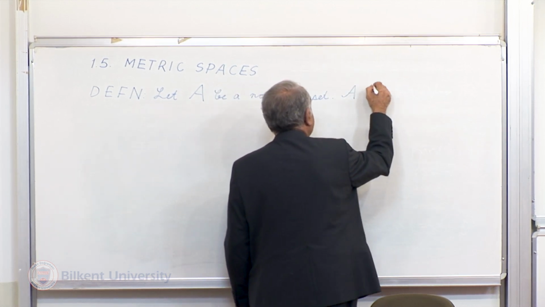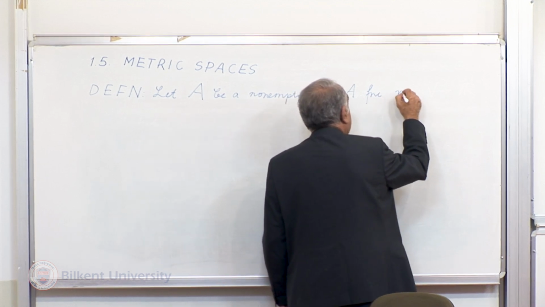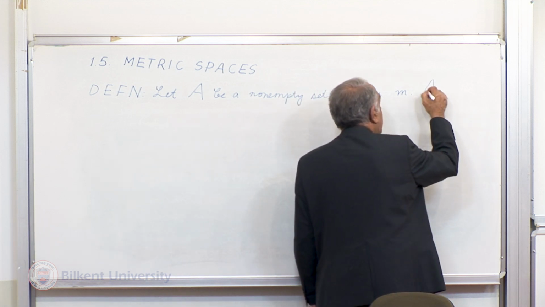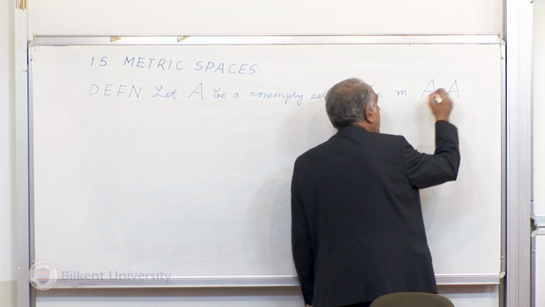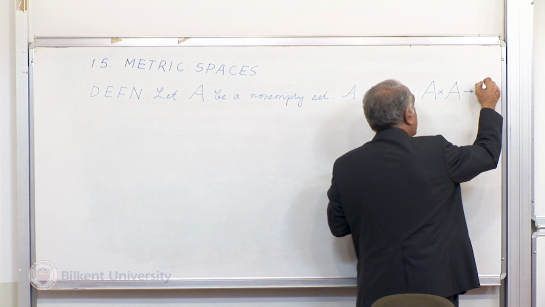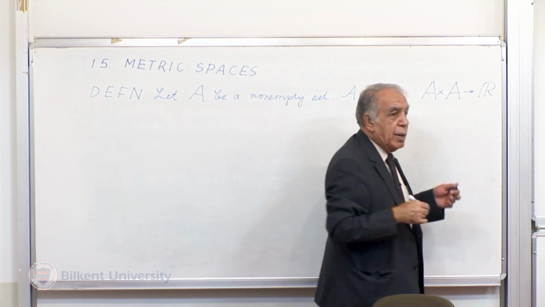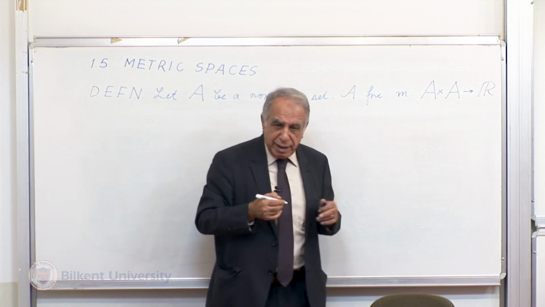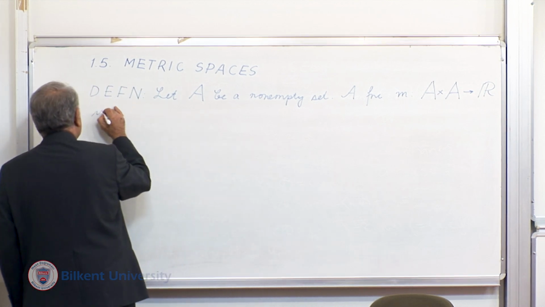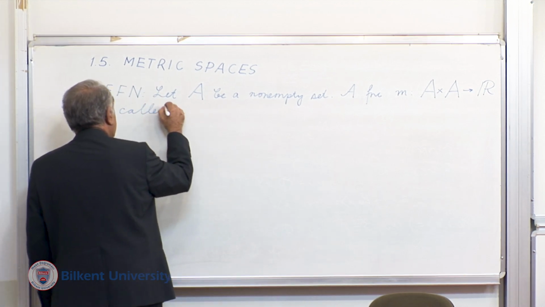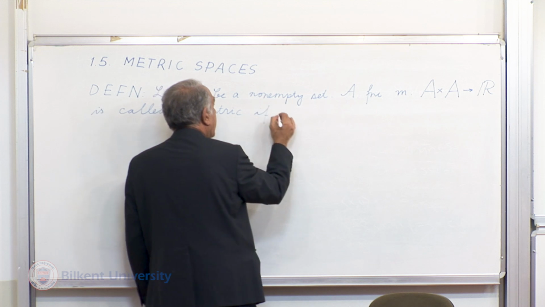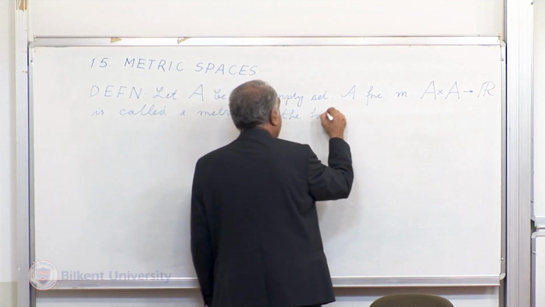Now, a function, let's denote the function by M. So this will be on A cross A. It takes a pair of members of cap A and associates with that a real number, which is to be interpreted as the generalized distance between the 2 points in question. It is called a metric if the following conditions are satisfied.